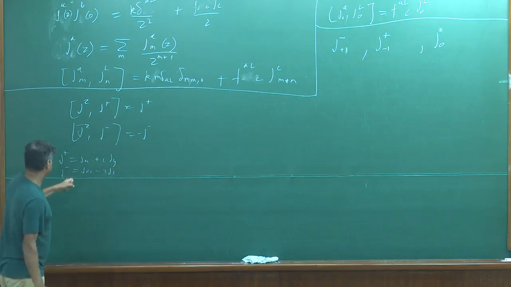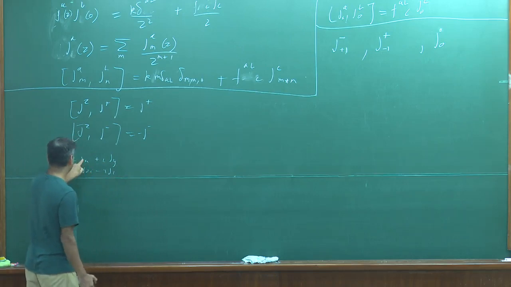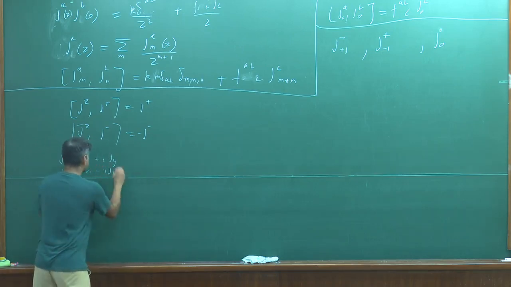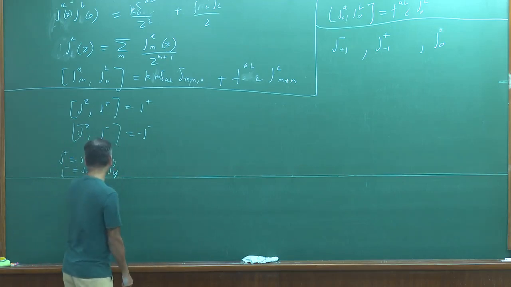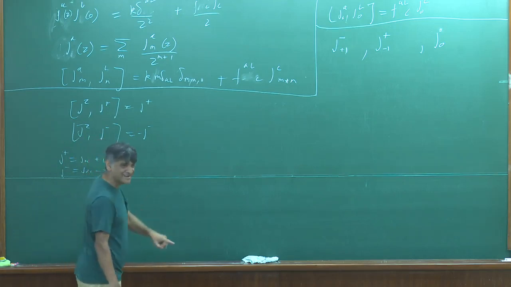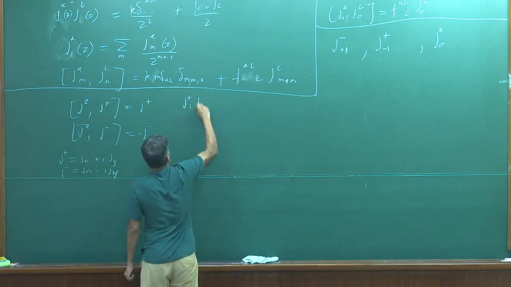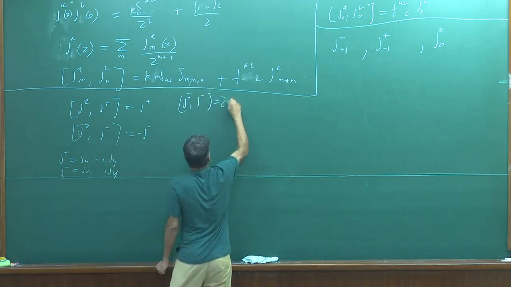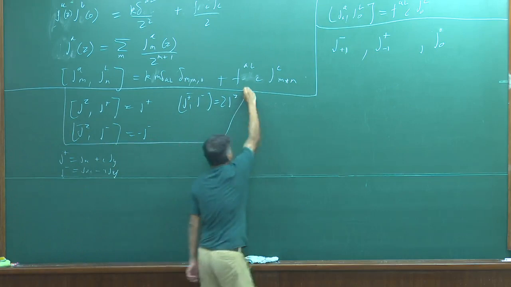Then let's look at the commutator of J plus with J minus. Jx with Jy gives us i Jz. So we get i Jz, but there's a minus i, so there's a Jz, and this will give us the other thing. So [J plus, J minus] is equal to 2 Jz. Okay, so these are our commutation relations just for the zero modes.